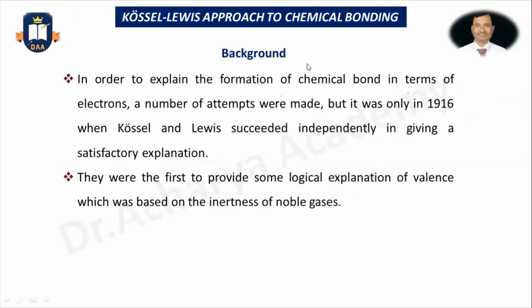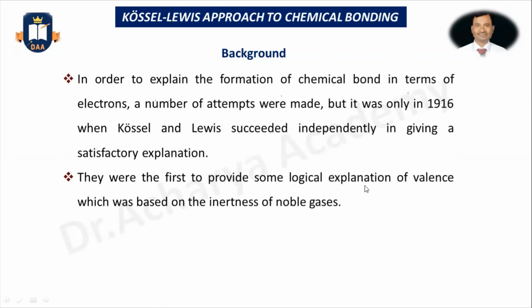First, we'll know the background. In the year 1916, Kössel and Lewis independently succeeded in giving a satisfactory explanation for the formation of chemical bonds in terms of electrons.